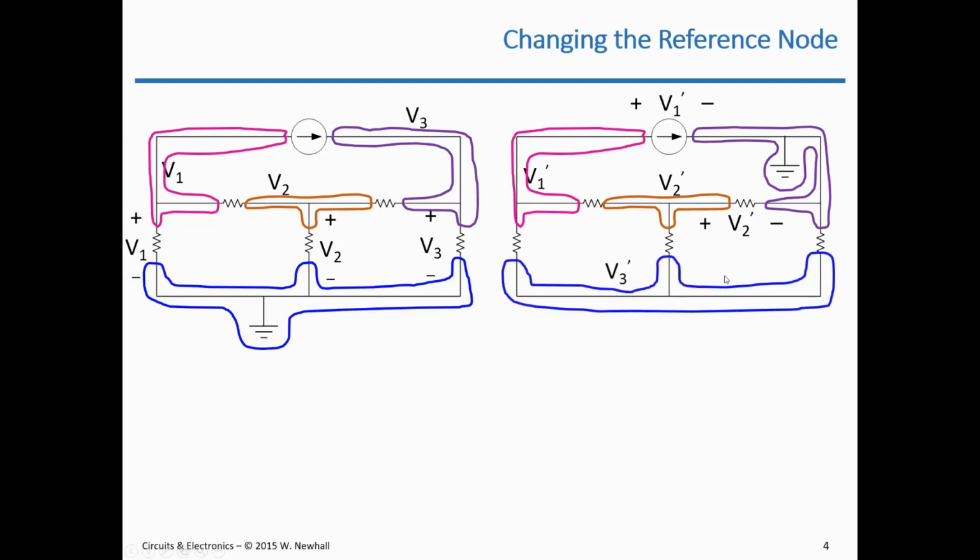So that entire node now has a node voltage defined as the voltage between blue and purple with that polarity. Negative always goes at the ground side when you're measuring node voltages. And I've emphasized that V1 is not V1 prime, V2 is not V2 prime, V3 is not V3 prime.